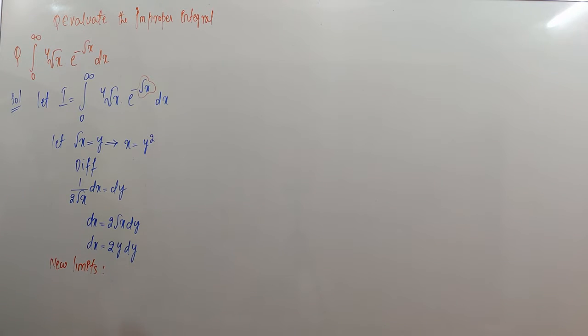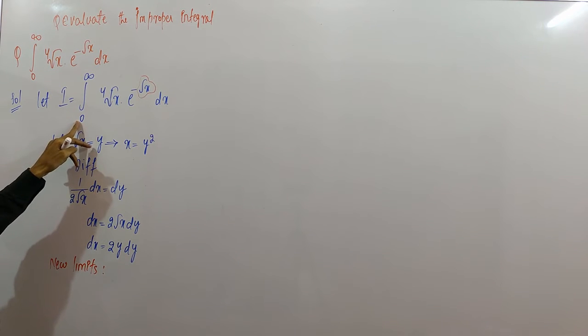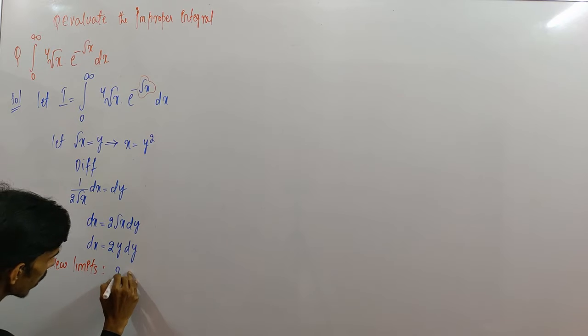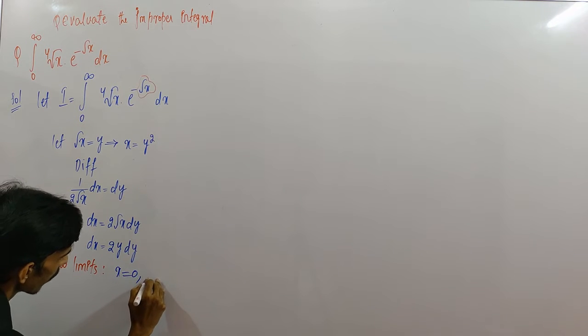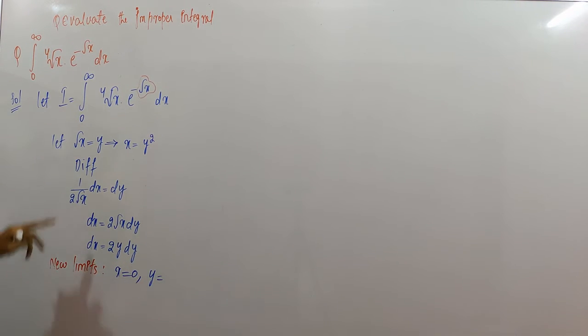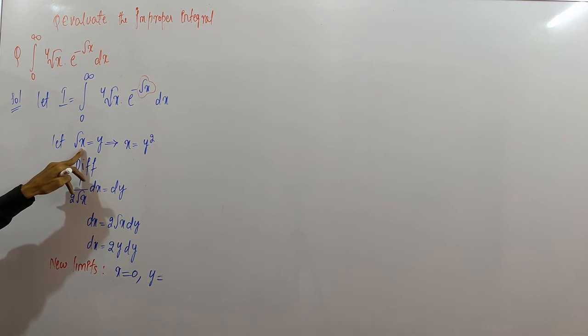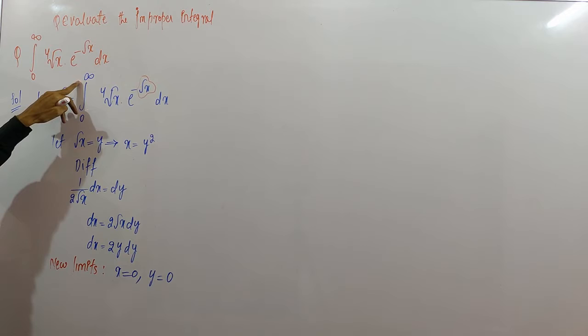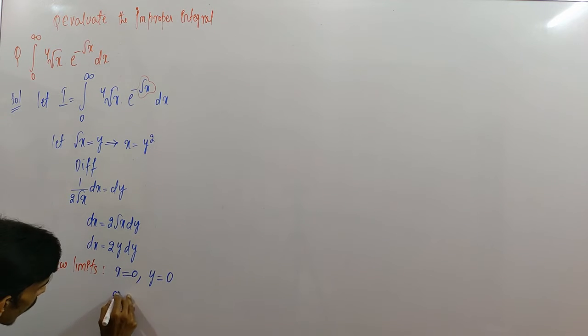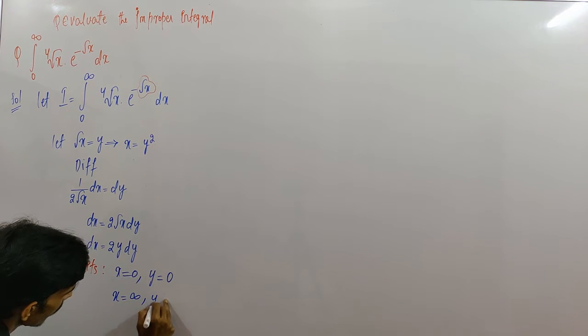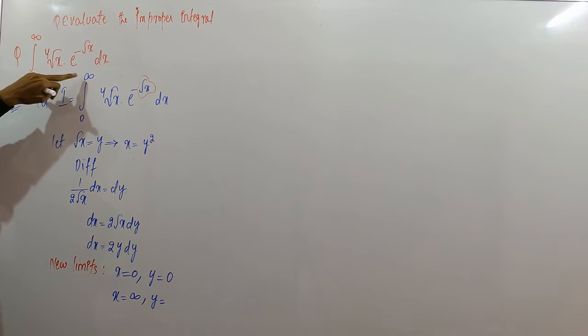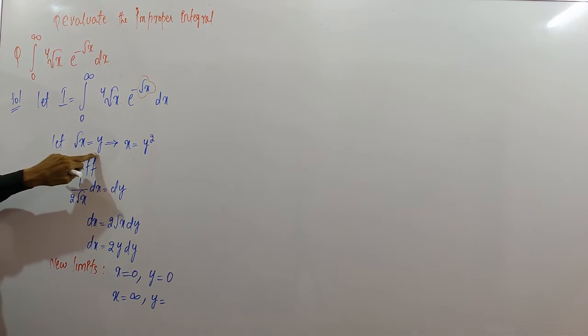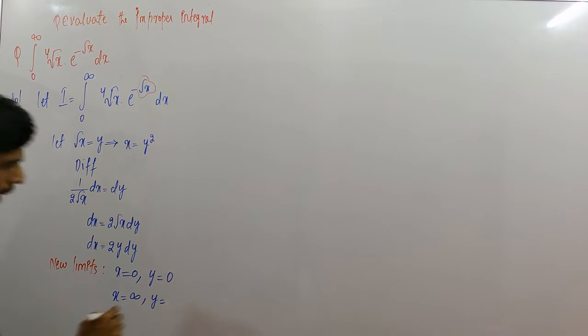Lower limit: when x is 0, put x as 0 here, root 0 value is 0, so y value is also 0. Now the upper limit for x is infinite. For x infinite, root infinite is infinite, so y is also infinite.